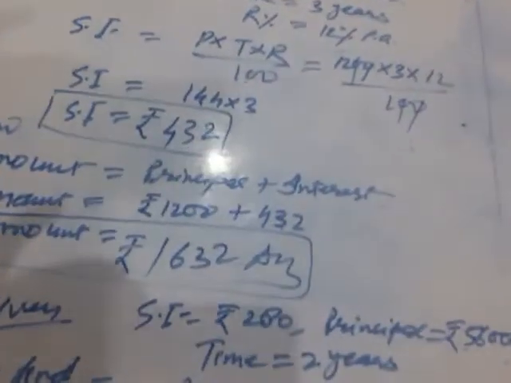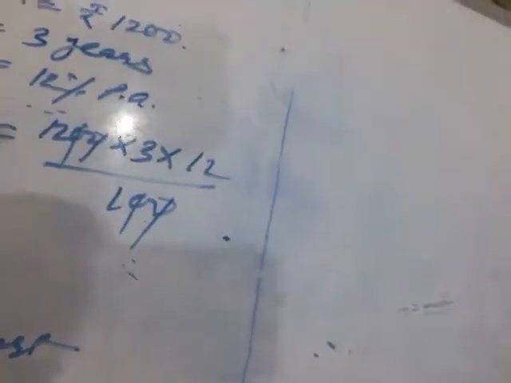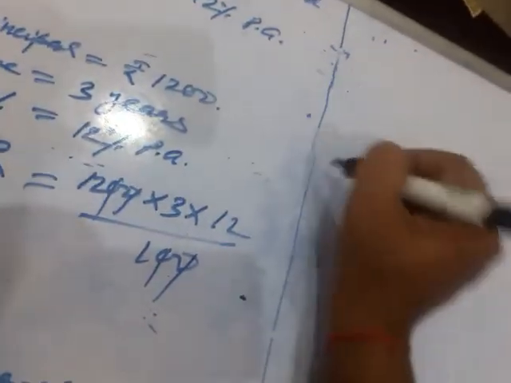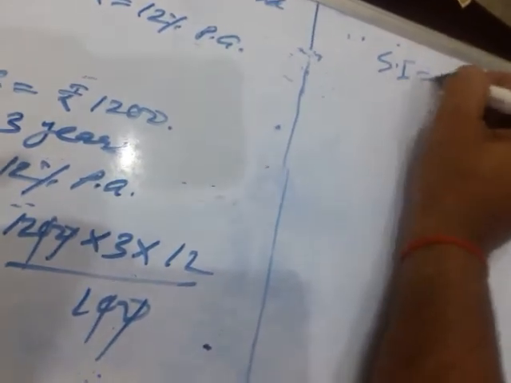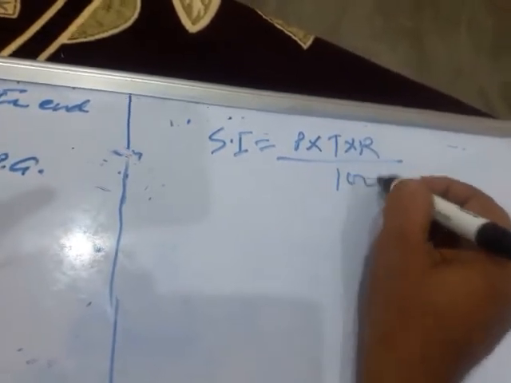Okay children, let us move to the next part of the board. See, the same formula we will use. What is the formula? Simple interest equals principal P into R into T, that is P into T into R, because multiplication is commutative. So simple interest equals P into T into R upon 100.